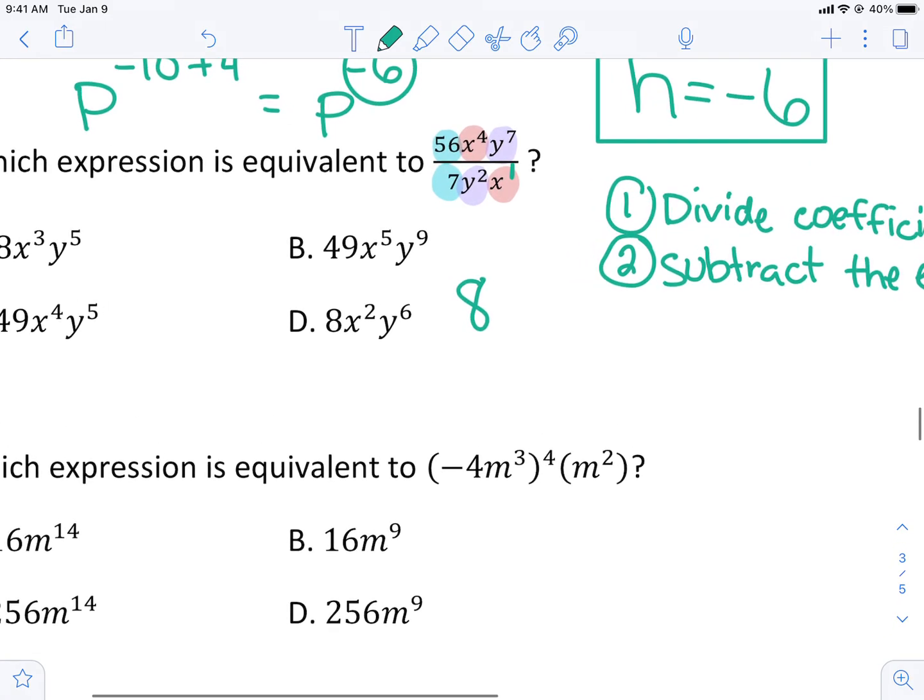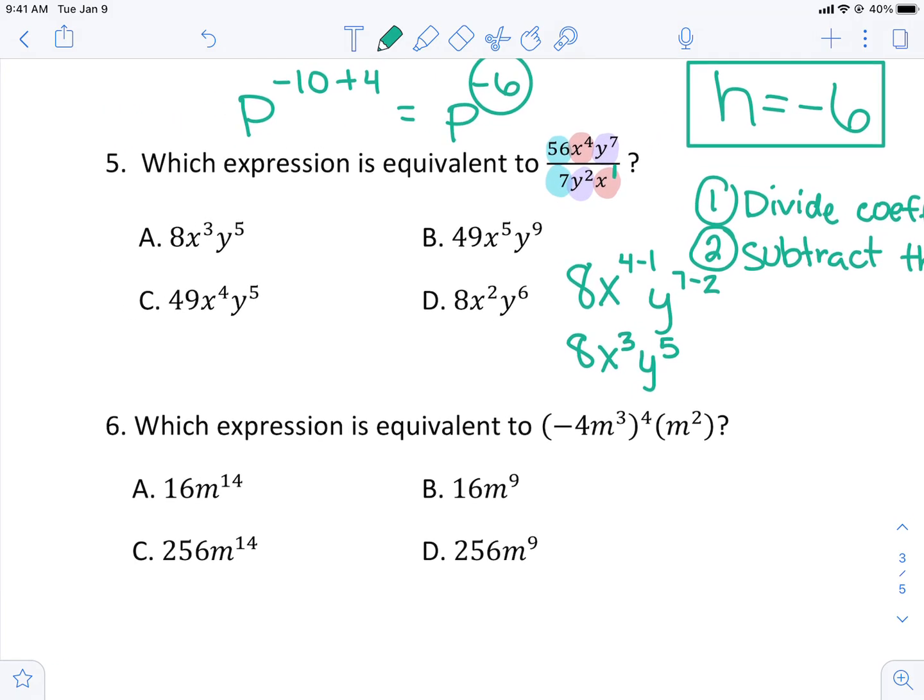So remember, we have to subtract x with x, y with y. So I would have 4 minus 1. And for the y's, I would have 7 minus 2. Well, 4 minus 1 is 5. 7 minus 2, not 5. Miss Faina can't do math, I'm sorry. 4 minus 1 is 3. And 7 minus 2 is 5.